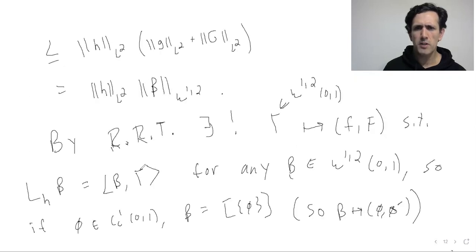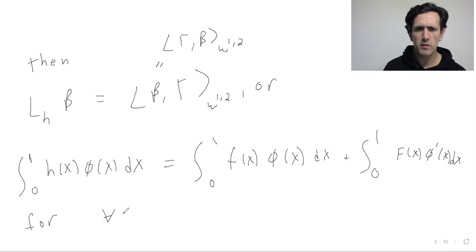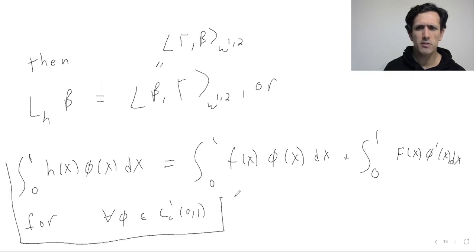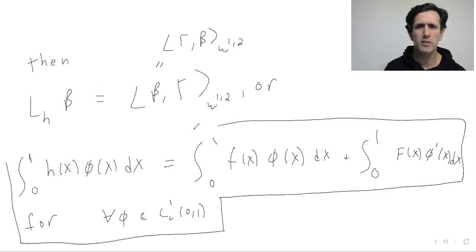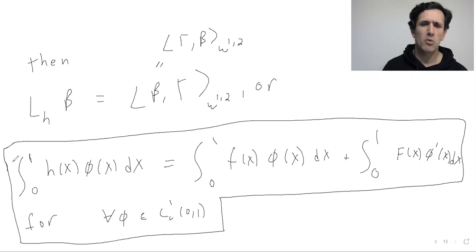And certainly, as I mentioned, for every phi you can cook up something in your Sobolev space as follows. So this is true for any phi in C_c^1 of 0 to 1. So using functional analysis tools, the Riesz representation theorem, we have managed to prove existence.